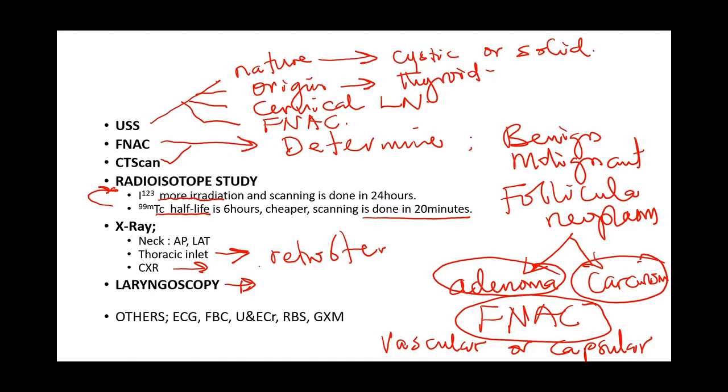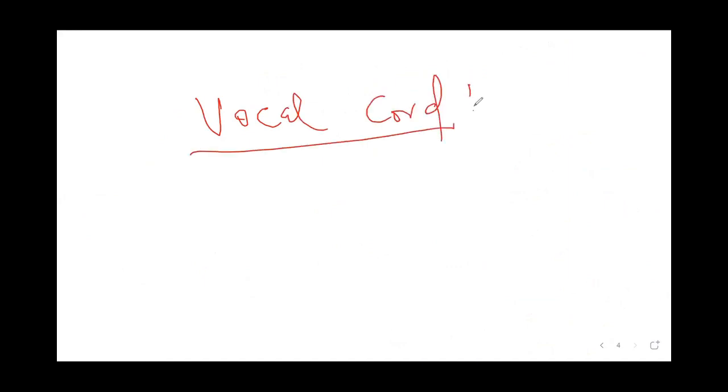The aim of laryngoscopy is to assess the state of the vocal cord before surgery, because there could be an asymptomatic paralysis of the recurrent laryngeal nerve.